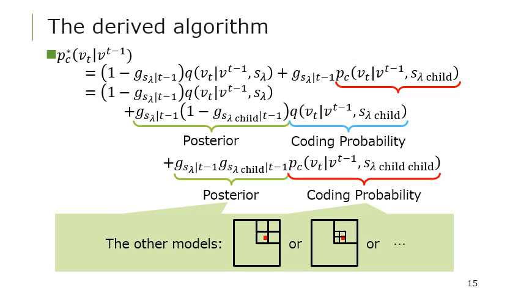The second case is for the other models. These terms represent the posterior and the coding probability for these models. As a result, we can recursively and effectively calculate the summation with respect to the models.